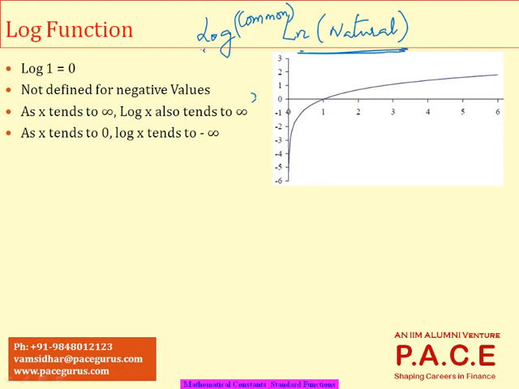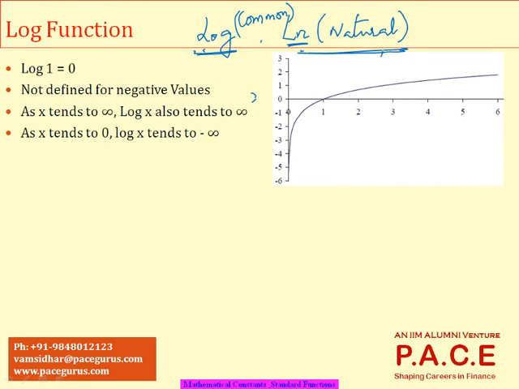Even in your calculators you see these two symbols, log as well as ln. ln is a natural logarithm, log is a common logarithm, and for a lot of calculations we depend on the natural logarithm.